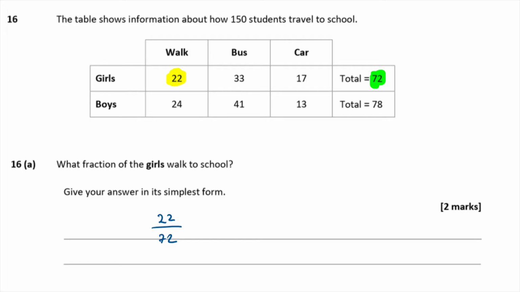Well, 22 has factors 1, 2, 11 and 22. 22 doesn't go into 72, but 2 does. So dividing by 2, top and bottom, that's going to give me 11 over 36. No further factors there that I can cancel down. 11 is prime, isn't it? So it's just 11 over 36.